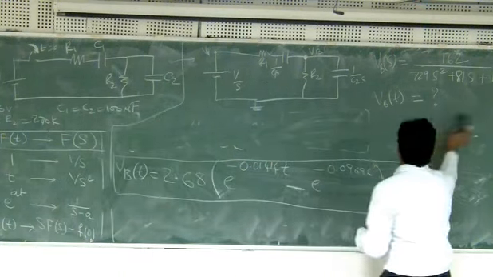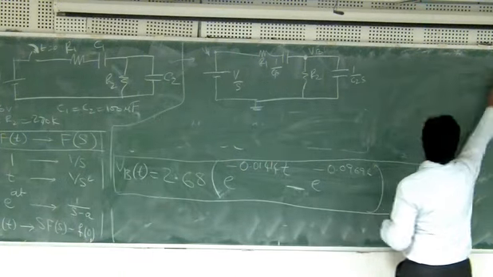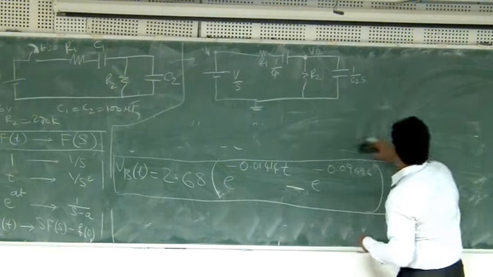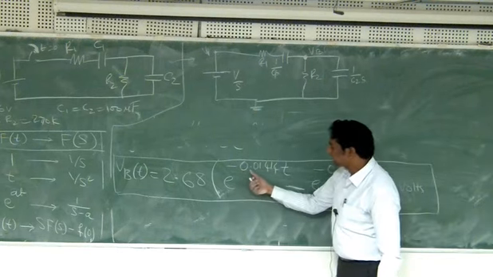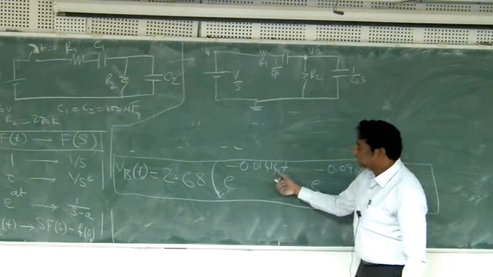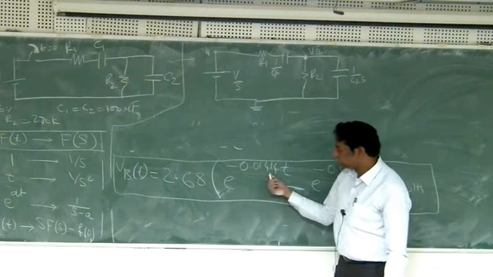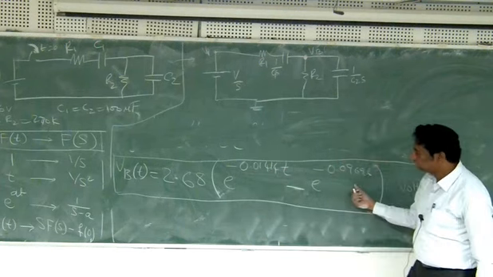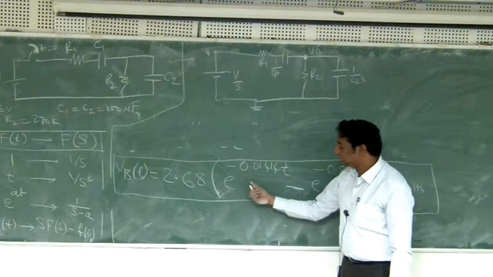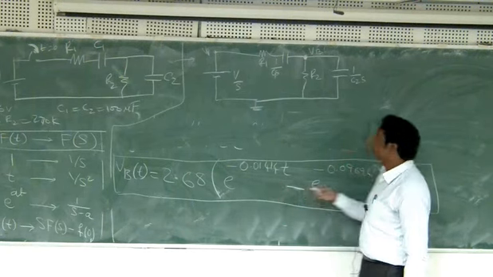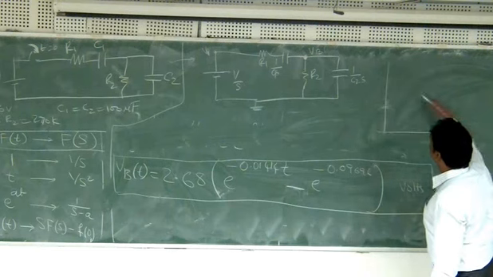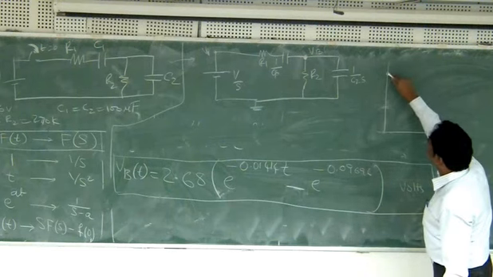So we'll just quickly see, only take this term, e to the power of minus 0.01414 t. Because this value is small compared to this value, this will fall slowly.